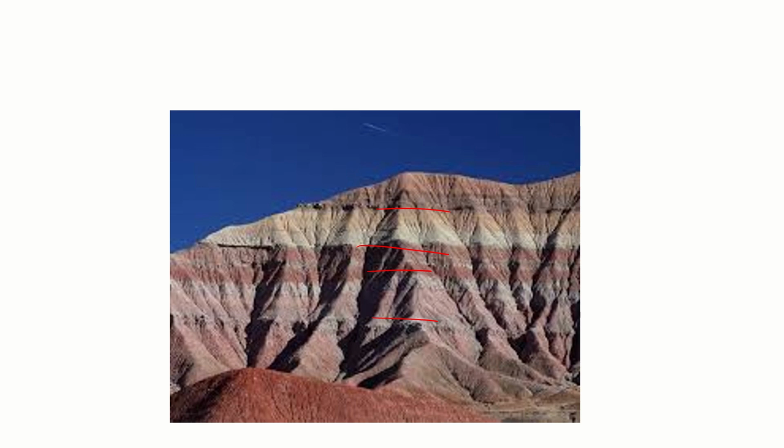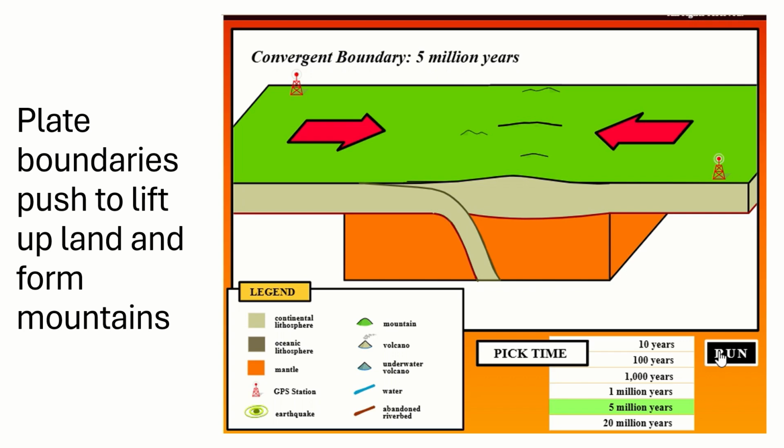Now let's look at how these rocks were pushed up. The earth is actually made up of broken pieces, which we spoke about in the last lesson. These broken pieces are known as plates. We know the plates can push each other, pull each other, and slide past each other.